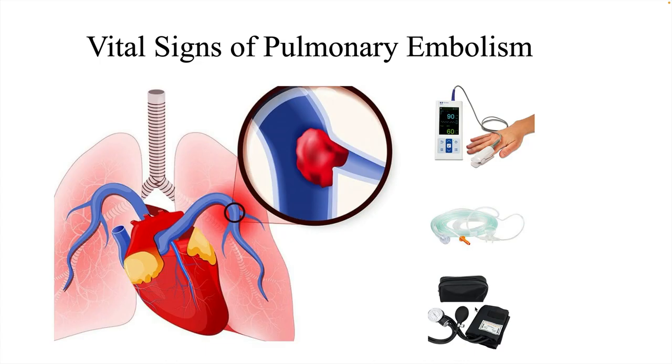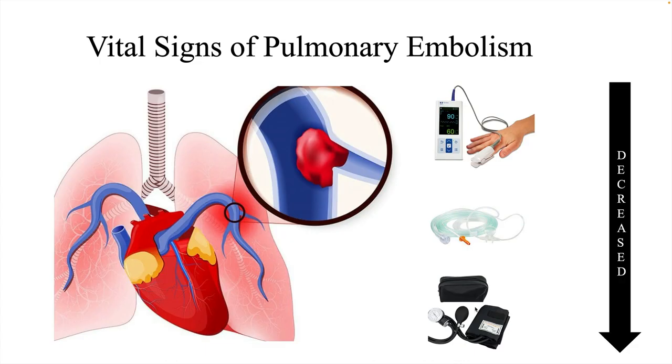The end-tidal CO2 will be decreased because you're having that VQ mismatch and you're ventilating areas of the lung that's having no CO2 off-gassed. So by the time you're measuring the CO2, any of the CO2 that is being off-gassed is being diluted by the tissue that's being ventilated, but not having any of that gas exchange.